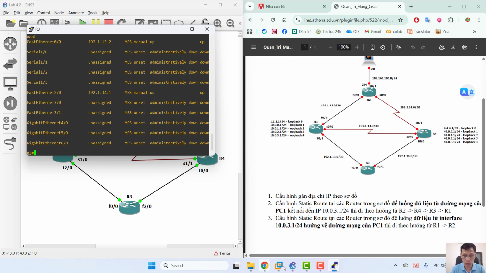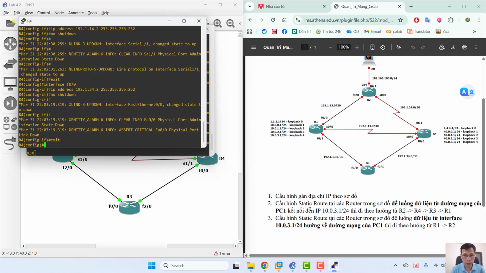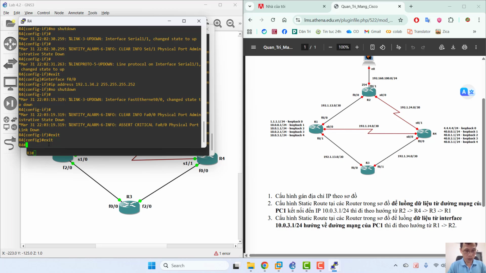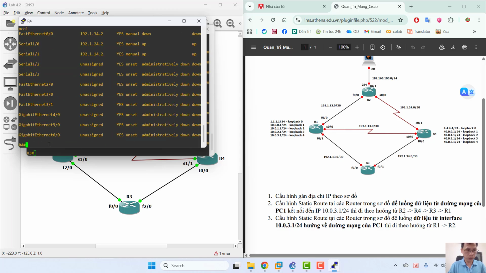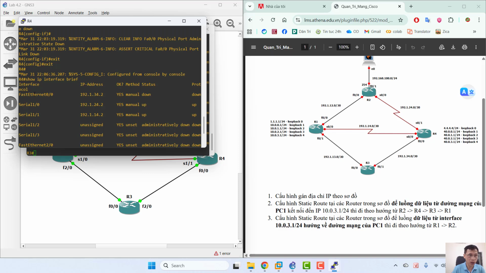Let's check router number 4. Show IP interface brief. This one down, this one down. What is it, down? Okay, two down.